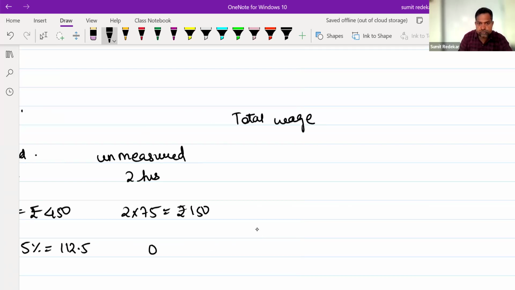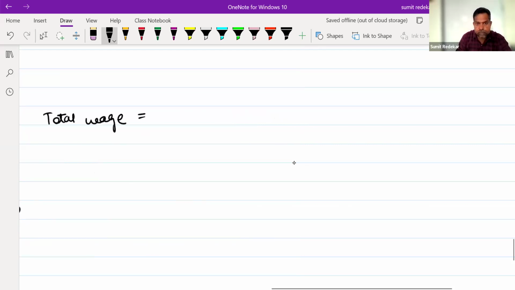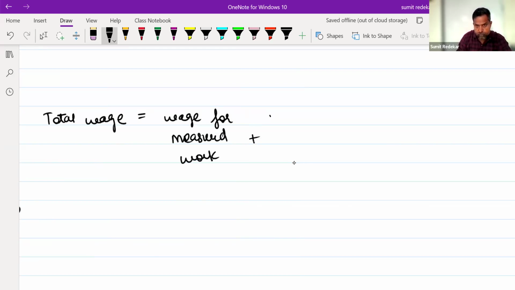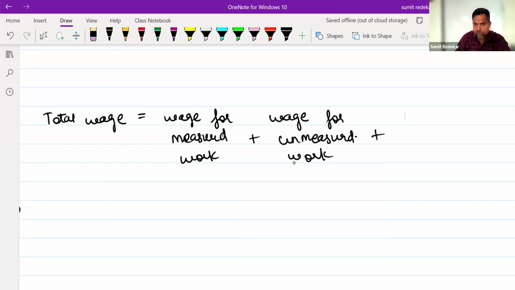Total wage is wage for measured work plus wage for unmeasured work plus bonus.